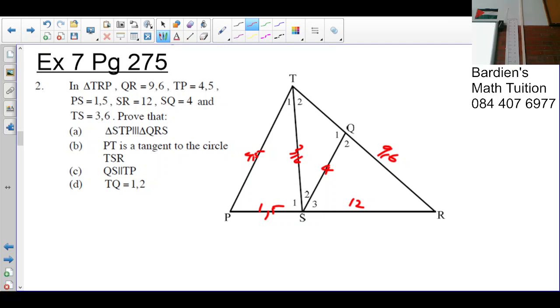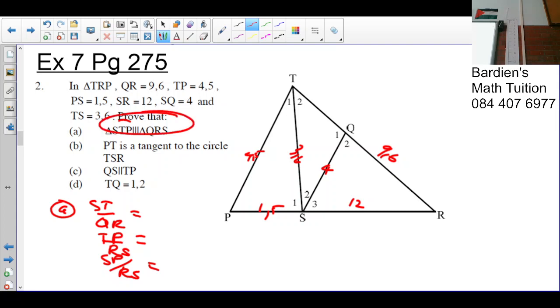Okay. Right, the question says prove. So what do we work out? We work out ST over QR. Then we go with TP over RS. Then we go with SP over QS. And where do I get that? I get it from here.